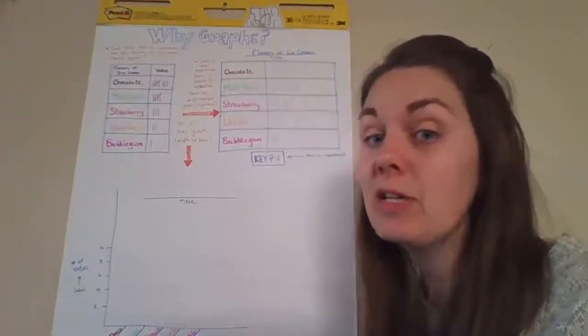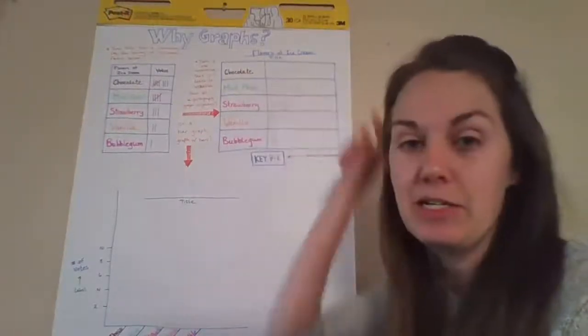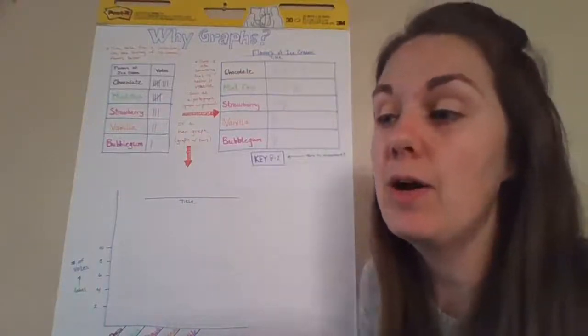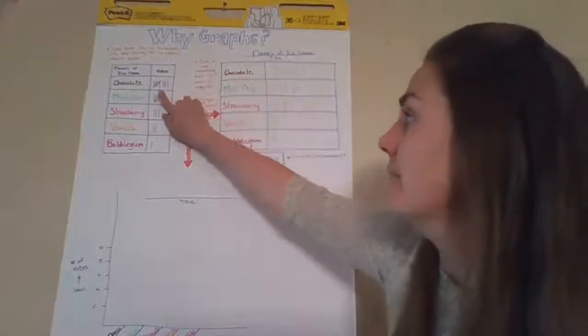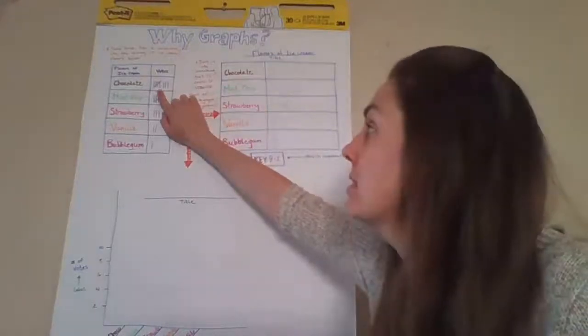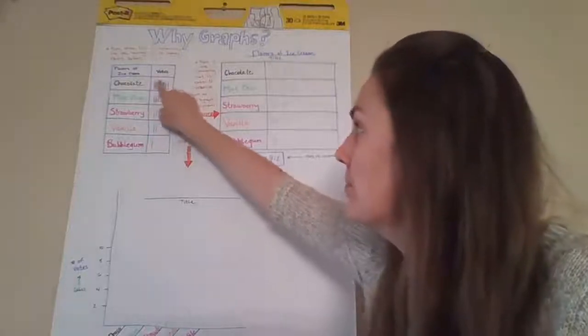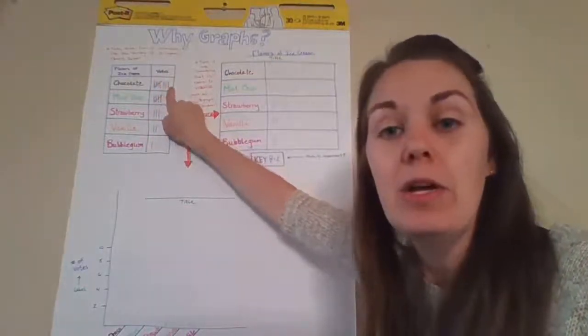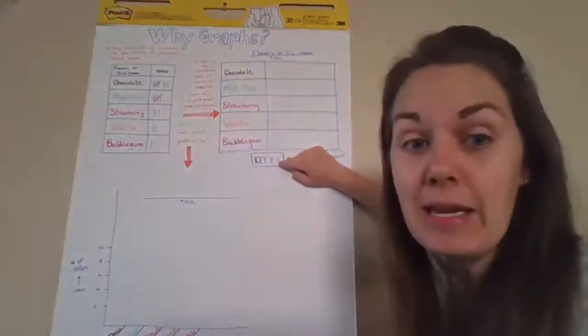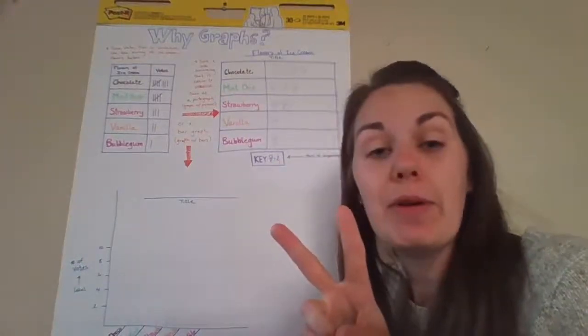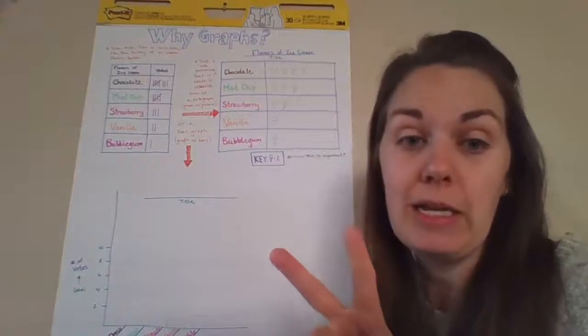I'm just doing something that gives you the idea of an ice cream picture. Now, as I zoomed in, you probably noticed that I had already sketched in the options, but we're going to draw them in together. So chocolate, if I look over here to my tally chart, I see that chocolate got 8 votes. I can tell that because I have a group of 5 and then 3 as well. So remembering my key that each picture is going to count for 2 votes, I'm going to count by 2s until I get to 8.